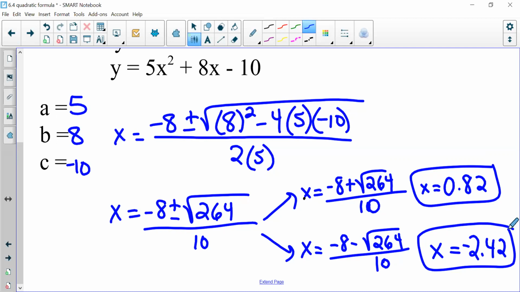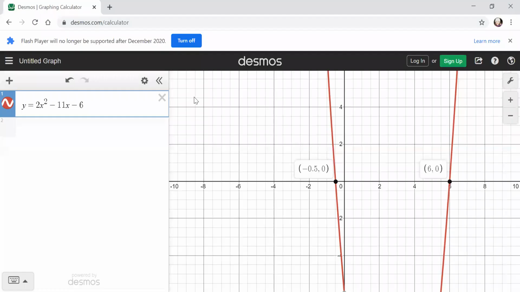In factored form, though, you would switch the signs if you were going to state the x-intercepts. So in that one, we just had 8 out of 10.